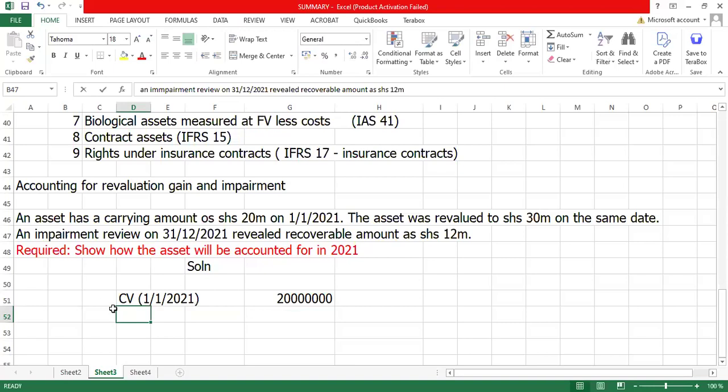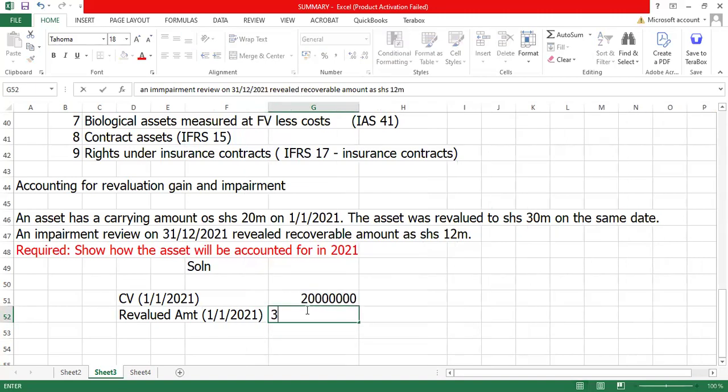Then you are told that the asset was revalued to 30 million on the same date. So you have the revalued amount on the same date, 1st January 2021. The revalued amount is 30 million.